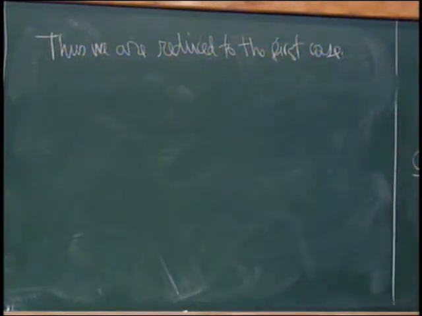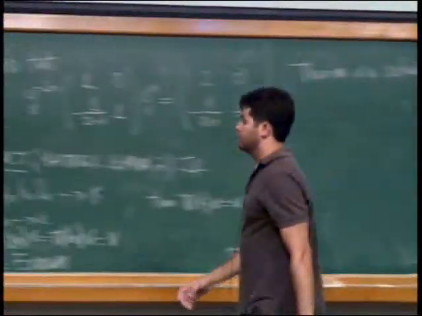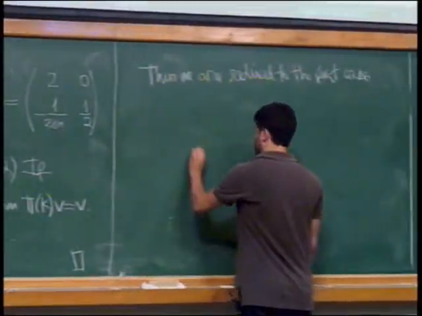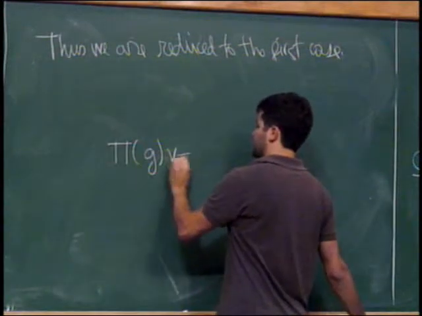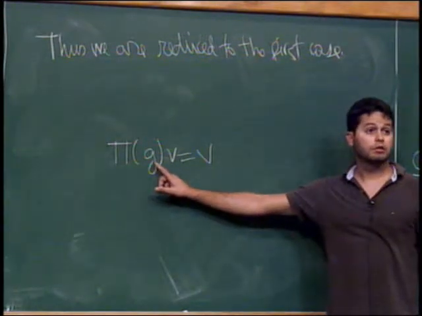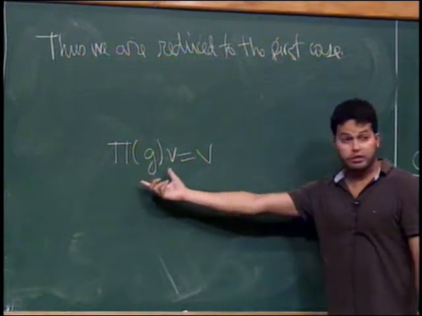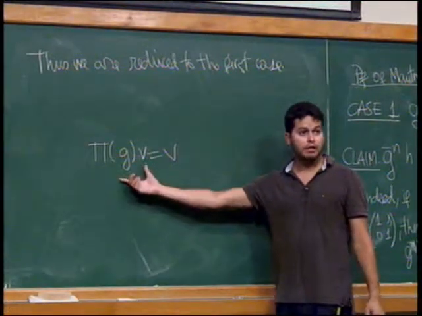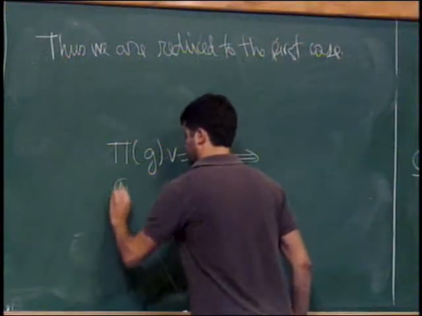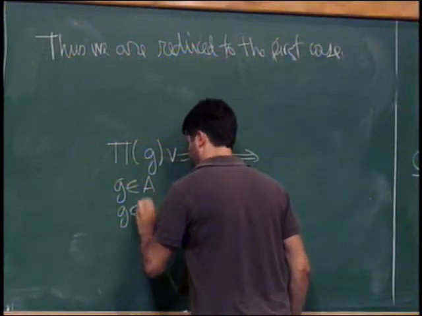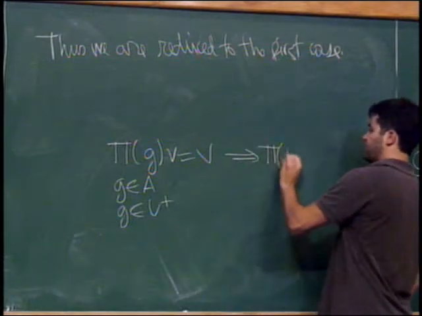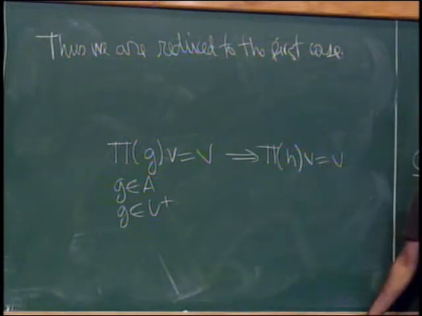Any questions? So it gives extra invariance because we began with the assumption of the Mautner phenomenon, that pi G of V is equal to V for some G, only one G. If G belongs to A or to U plus, then the conclusion is that V is fixed by all elements of the group.